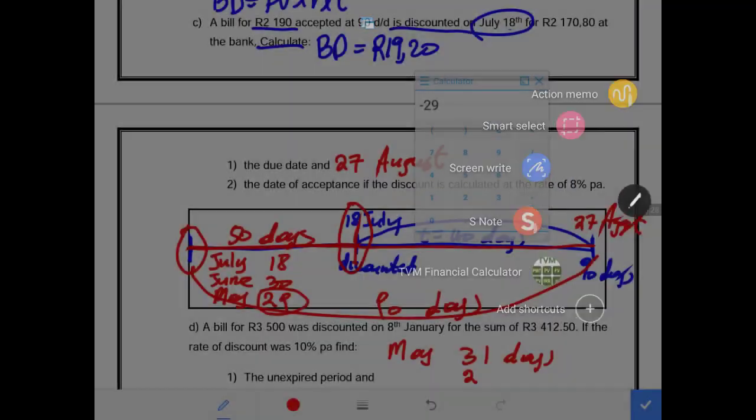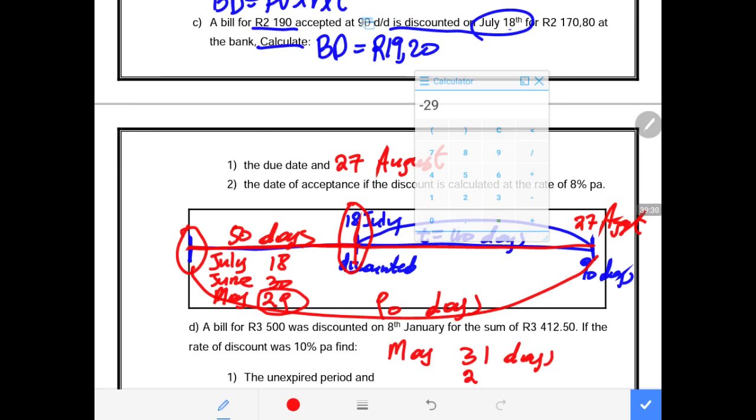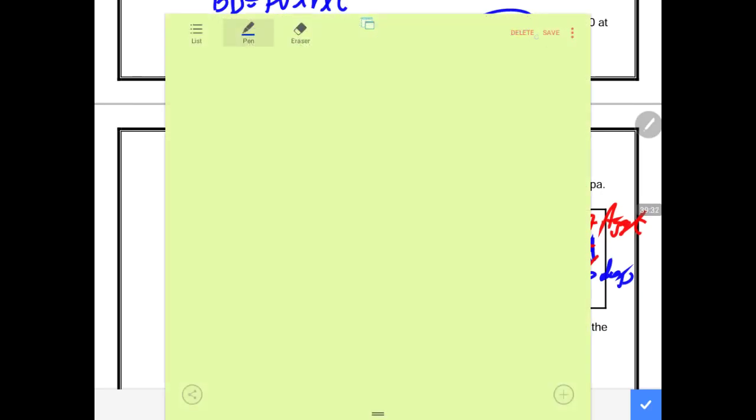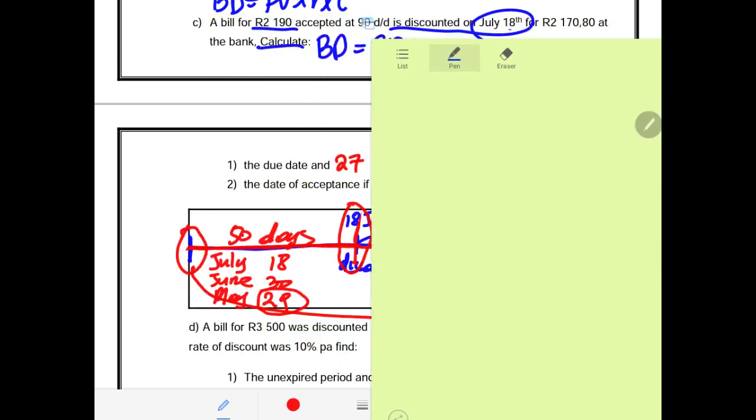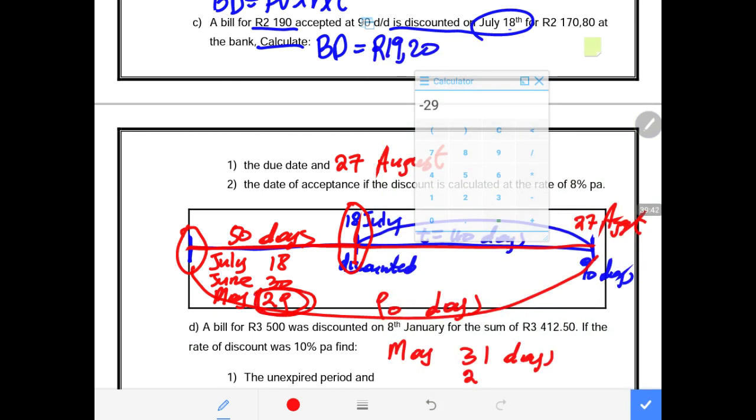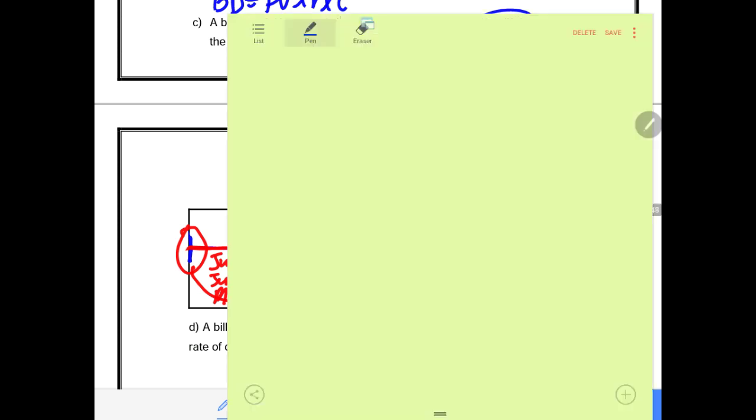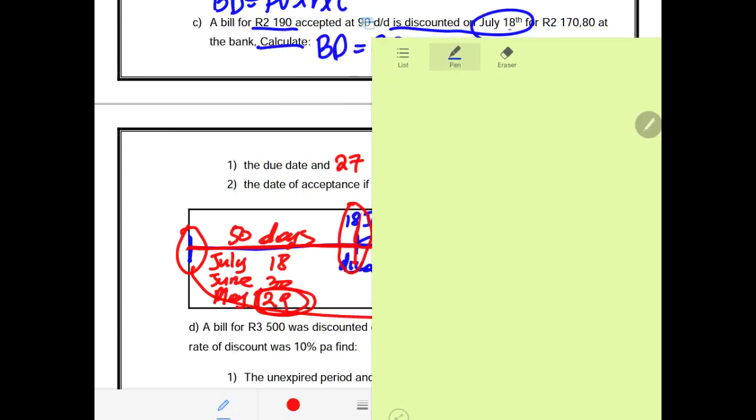I just want to show you this. Now we are testing if this is really 2 days. Remember, we are calculating the days now from the 29th of May. We want to test whether it is really 2 days, moving from the 29th of May up until the 18th of July. How are we going to do that? We are going to say, okay, for the month of May, May is ending on what date?